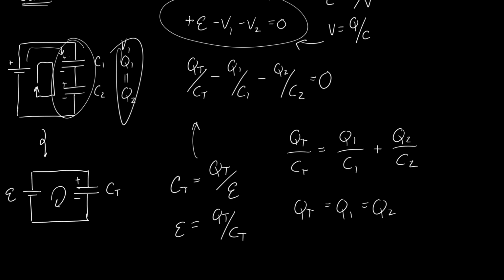So ultimately, they're all the same, which we can just put as Q. And if they're all the same, then we can factor out the Q and divide it away because we know it's not zero, and get that the total capacitance of a circuit is equal to the sum of the inverses.